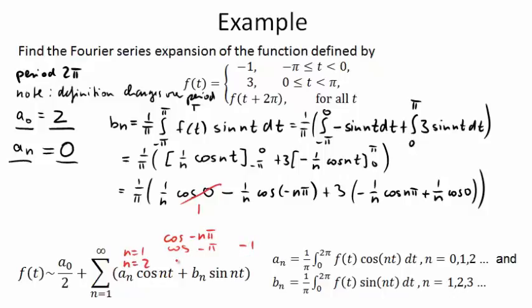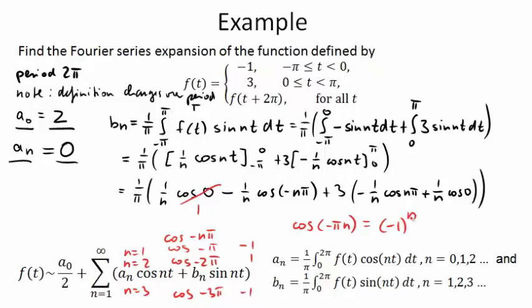If n is 2, we get cos negative 2 pi, and that happens to be 1. If n is 3, we get cos negative 3 pi, and that's negative 1 again, and so on. So what we actually have here is that cos minus n pi is equal to negative 1 to the power of n.